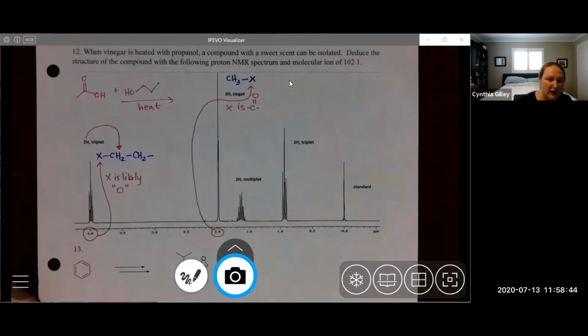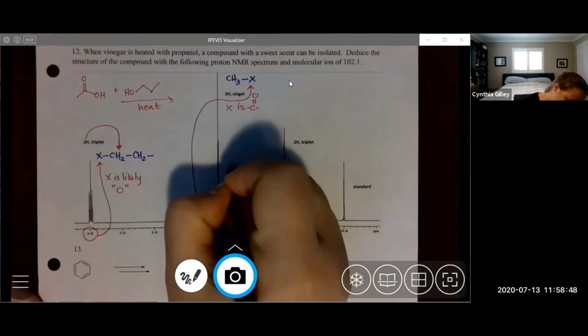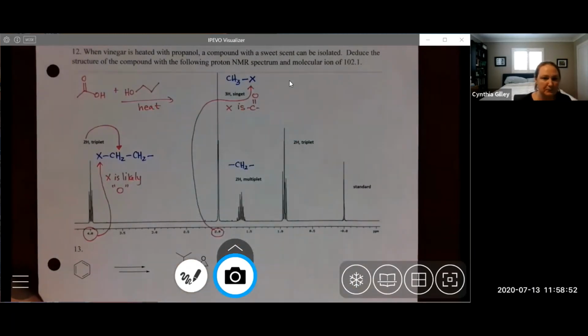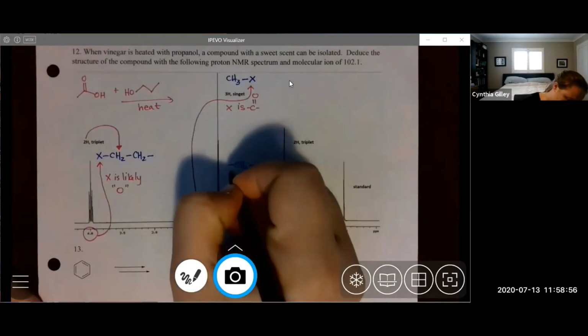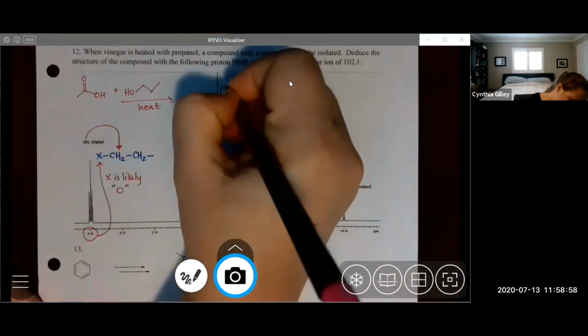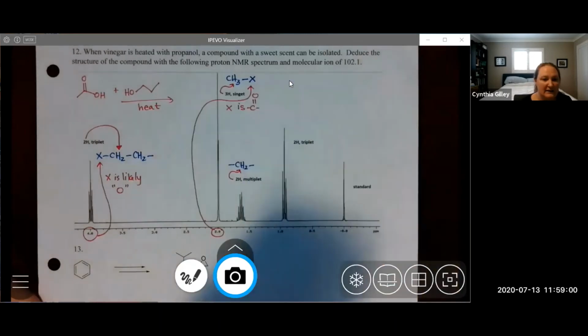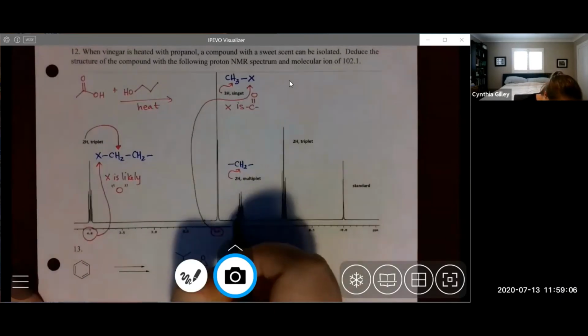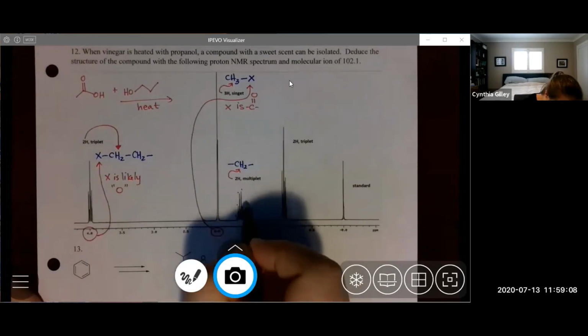And then over here we have a 2 hydrogen signal, CH2. And it says multiplet, but you can actually see pretty well how many peaks are there. So we've got 1, 2, 3, 4, 5, 6.